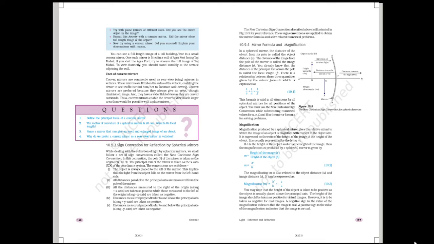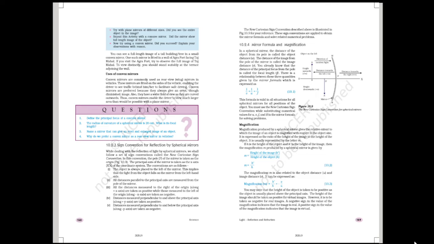All the distances parallel to the principal axis are measured from the pole of the mirror. This is the pole of the mirror. All the distances measured to the right of the origin, that means x-axis, x plus, are taken to be positive, while those on the left of the origin are taken as negative.